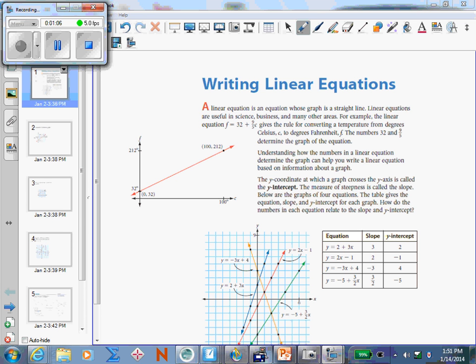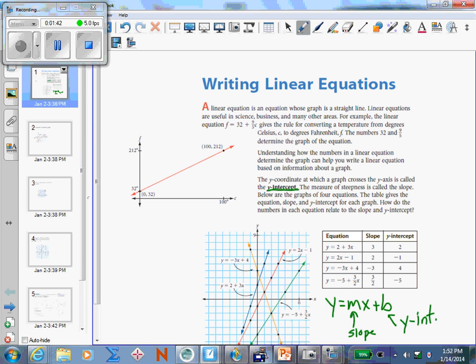The things I'd like to point out are the y-intercept, which is the value of y when x is equal to 0. So when the equation is written as the form in this chart, which is y equals mx plus b form, the b is the y-intercept, and the m is the slope.